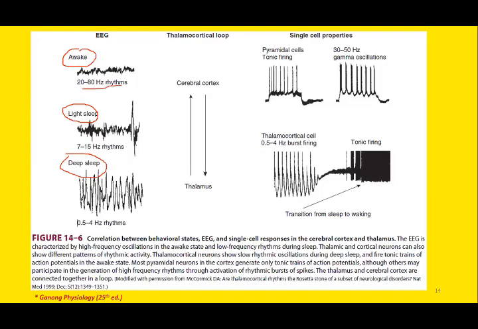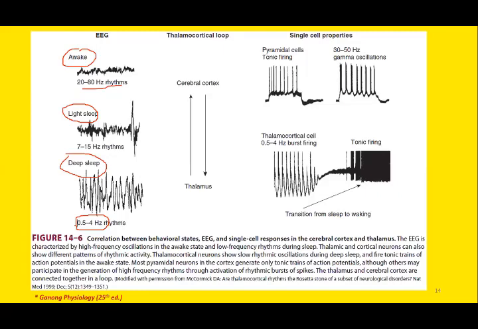So during the awake state, the frequency is 20 to 80 hertz, where 1 hertz is equal to 1 cycle per second, whereas the frequency drops to 7 to 15 hertz in the light sleep stage, and further drops to 0.5 to 4 hertz in the deep sleep state.